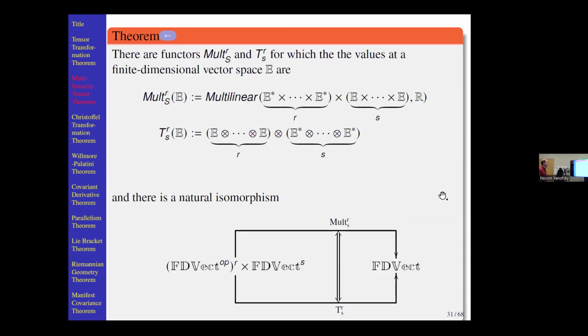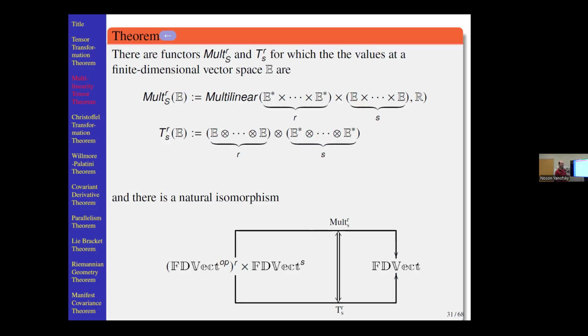Okay, so multilinear scalar valued functions are isomorphic to tensor products. But you've got to be a little careful here. You see that you've got stars up here and no stars here, and yet you've got the same R. And the reason why? V equals V star star.